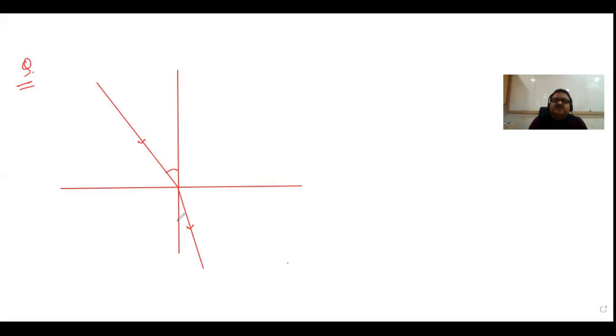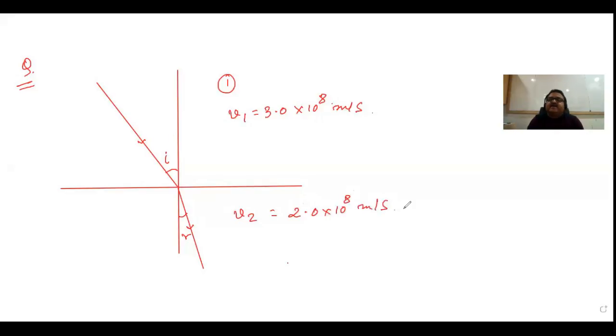I don't know what angle it is. And this is another angle. Let it be i, let it be r. I don't know what angle this is. But it is given, this is medium 1, and the speed of light in this medium is 3.0 into 10 to the power of 8 meter per second. And the speed of light in this medium is 2.0 into 10 to the power of 8 meter per second. Okay. Clear? Now, you have to find out the relative refractive index of medium 2 with respect to medium 1.